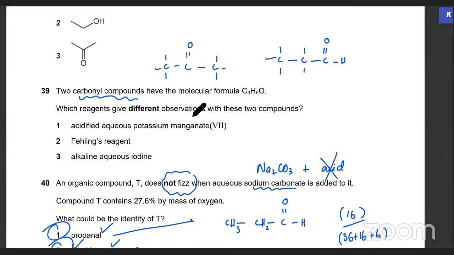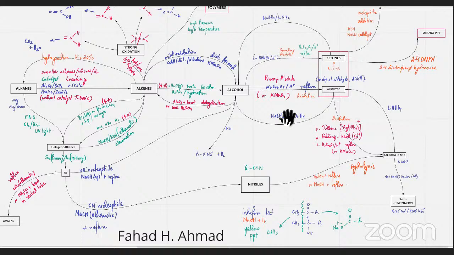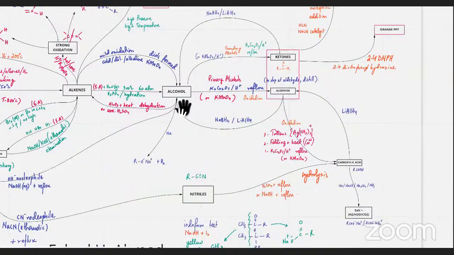So he's saying which reagents give different observations with these two compounds. So the first one is potassium manganate 7. Remember, ketones don't get oxidized. Ek, I have the chart over here. If you look at the chart, you're going to notice that alcohols get oxidized by KMnO4 to form aldehydes, like primary alcohols, and secondary alcohols will get oxidized to ketones.